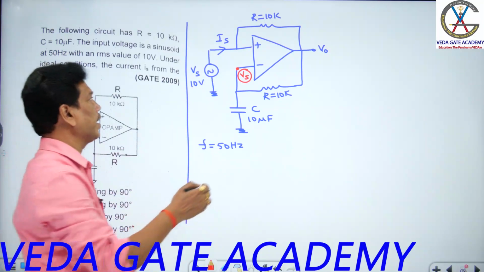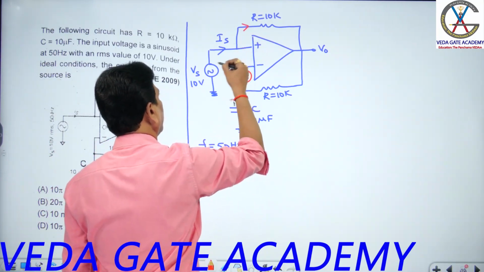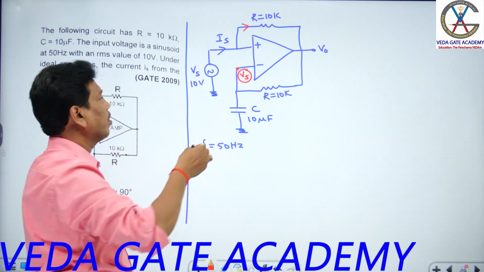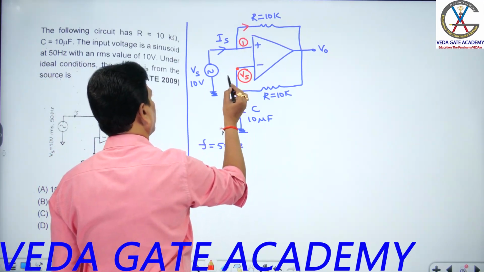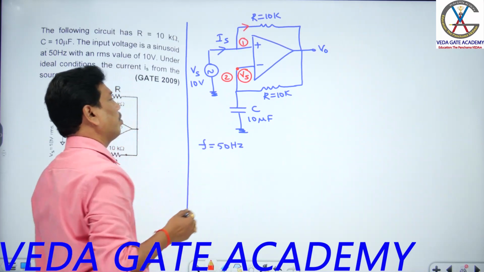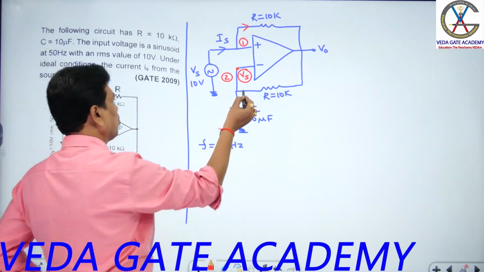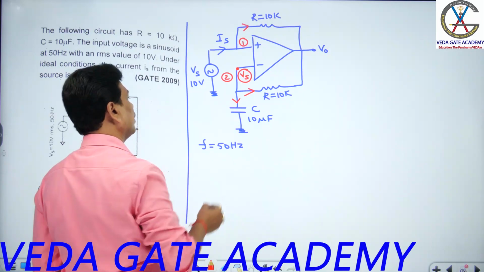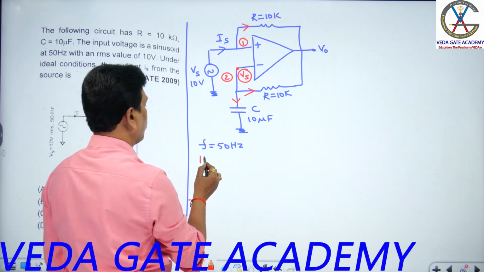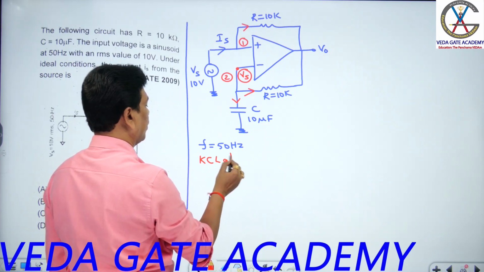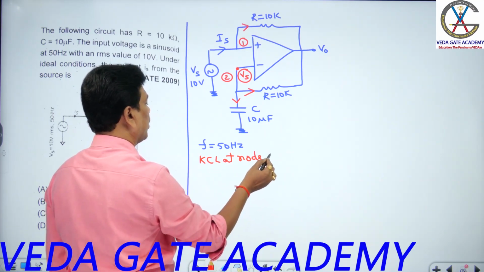Using virtual ground, that corresponding node is also at Vs, sir. So now I can apply KCL at this inverting node and non-inverting node, sir. Suppose this is node 1. I indicate the current flows like this, sir. First I go for KCL at node 1, the non-inverting node.